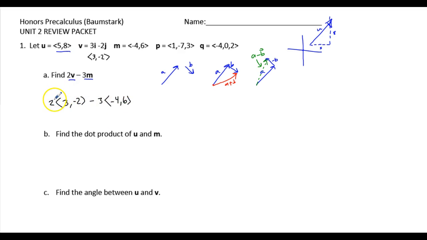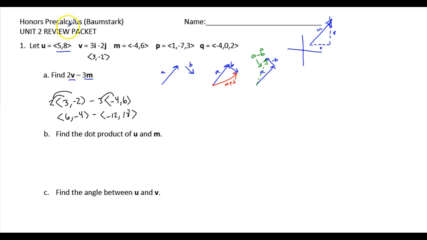When you scalar multiply by components, all I'm going to do is distribute that scalar to the 2 components. So 2 times 3 is 6, 2 times negative 2 is negative 4. Here we're going to distribute this 3 to these components. So 3 times negative 4 is negative 12. 3 times 6 is 18.